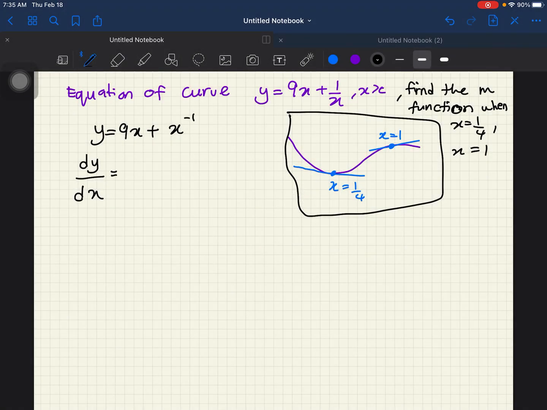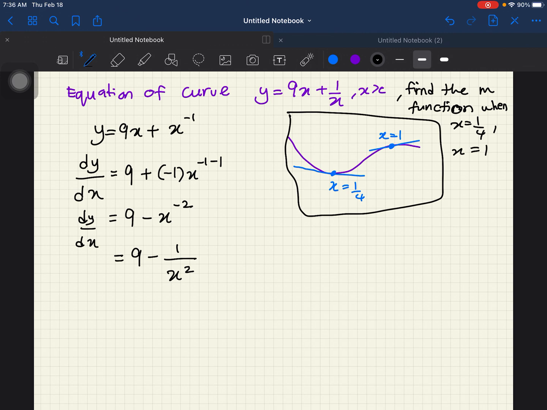Dia akan jadi 9 plus negative 1x power of negative 1 minus 1. So kita dapat 9 minus x power of negative 2. Okay. So this is the dy over dx. Okay. So you get a 9 minus 1 over x power of 2. Okay, so this is the dy over dx.